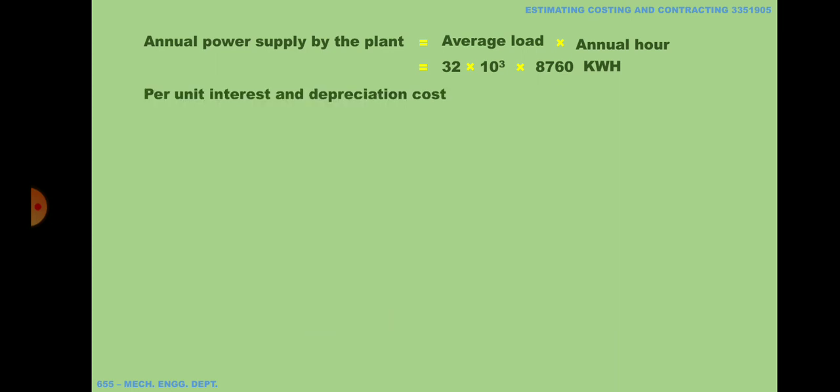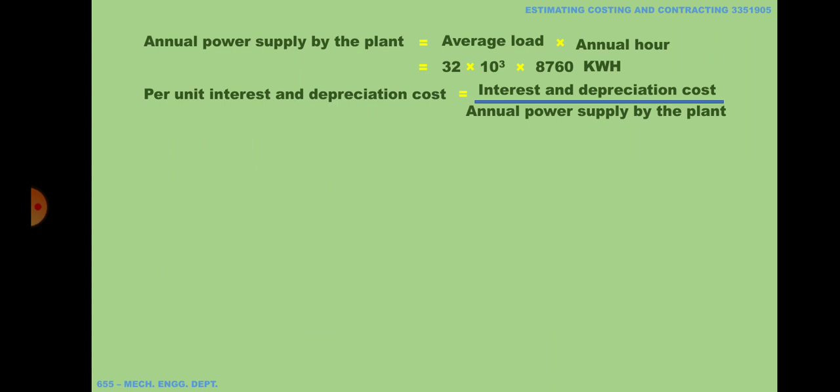Now per unit interest and depreciation cost is equal to interest and depreciation cost divided by annual power supply by the plant, which is 1720 into 10 raised to 4 divided by 32 into 10 raised to 3 into 8760, which is equal to 0.061 rupees per kilowatt hour.